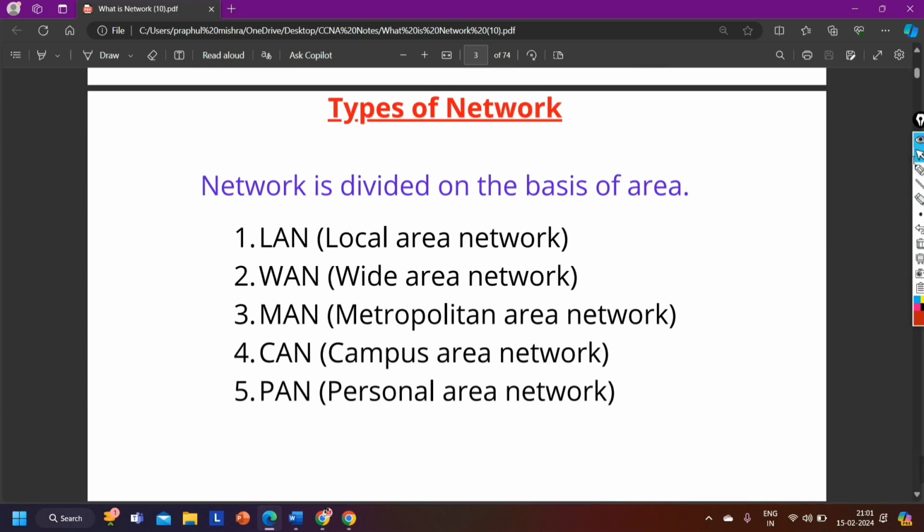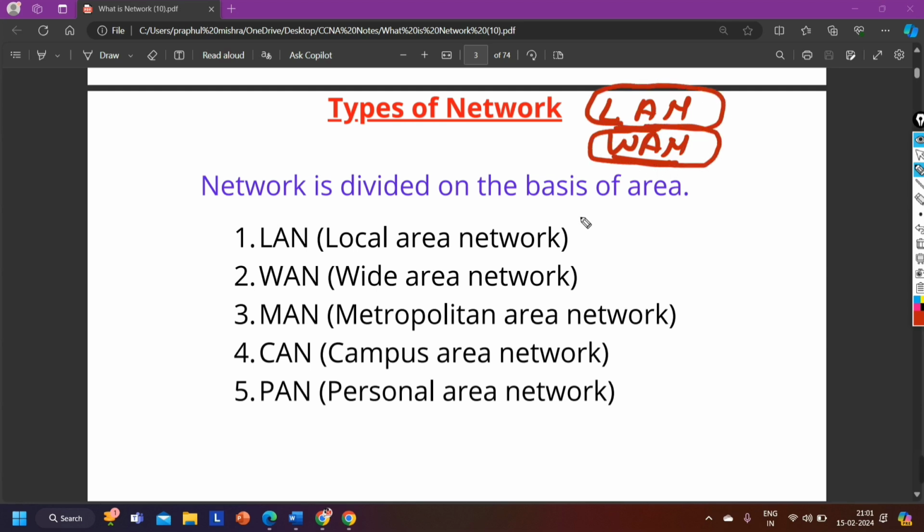Then types of network. According to topology, there are only two types of network: LAN and WAN. LAN stands for local area network and WAN stands for wide area network. But we are human.